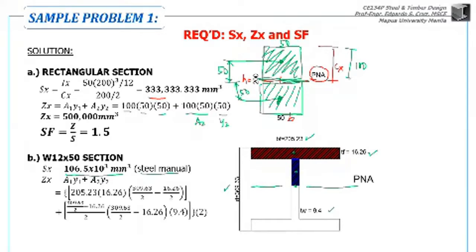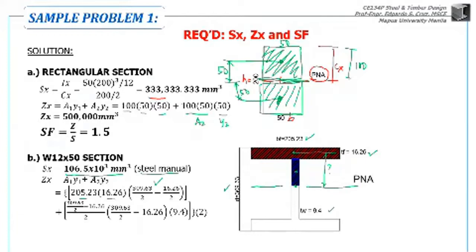Okay, so yung red flange muna, red upper flange 205 times thickness 16. So yan yung area. Yung distance niya from the PNA, so from here hanggang dun sa PNA. So yung distance na yan ay ito. Diba? d/2 minus TF/2.